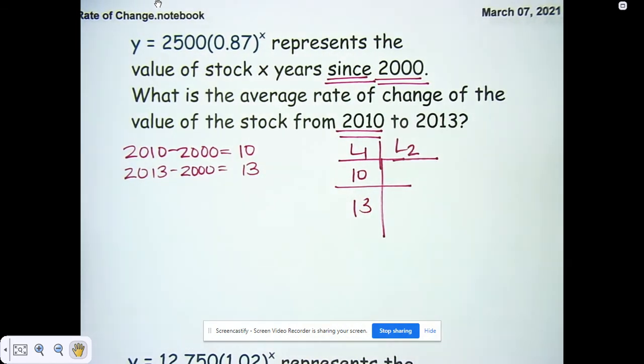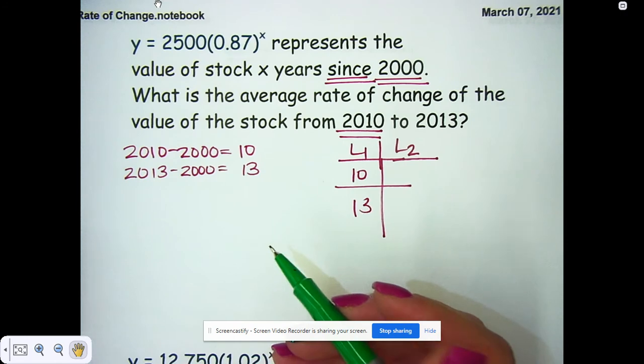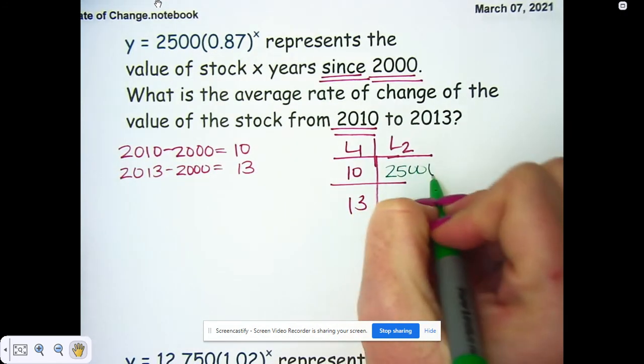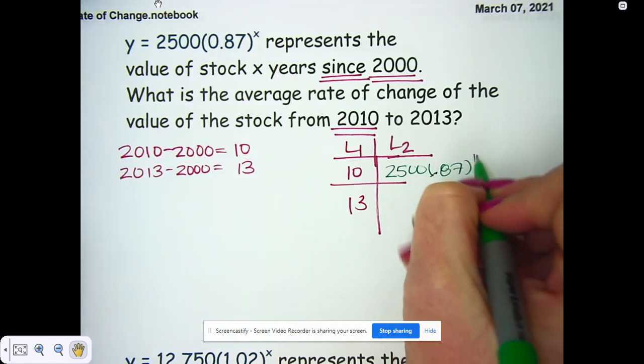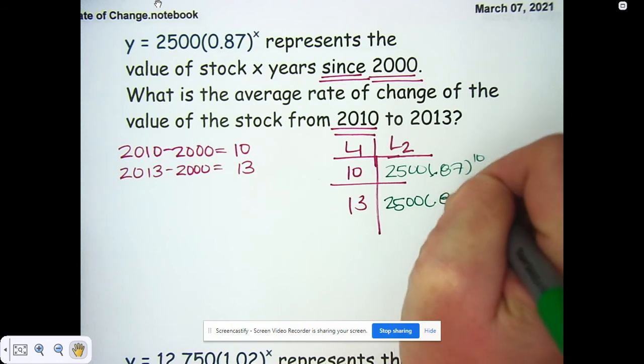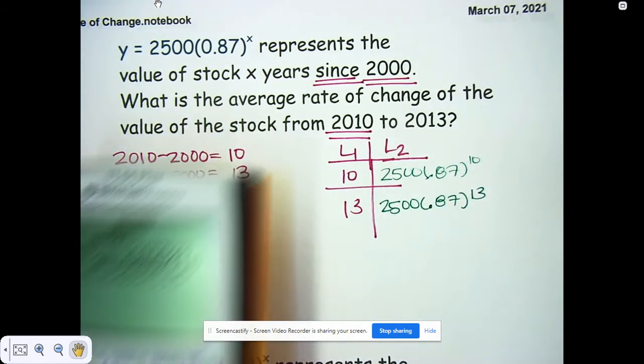L2, remember, we plug it in. Okay, so 250 times 0.87 to the 10th and 250 times 0.87 to the 13th. Okay, so here we go.